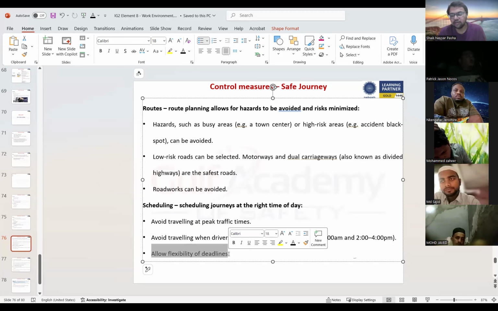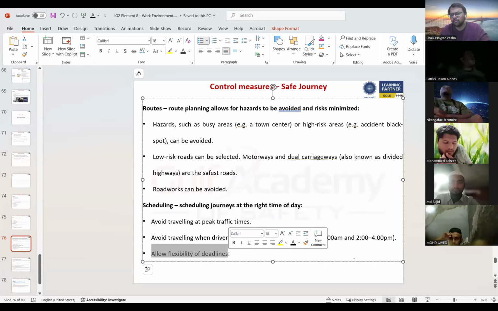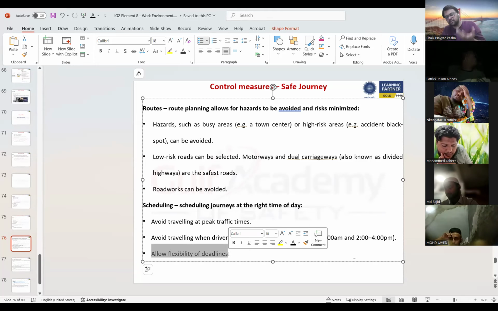He will overspeed, he'll break the signals, he'll take wrong directions. Whatever breaches he could possibly do, he could do everything because his mission is to deliver the goods within 1 hour. So he won't think about driving safely. He will only think about driving and reaching the destination in the given time. So unnecessary and impractical deadlines put unnecessary pressure on the drivers and they will drive in an unsafe way. So that is one thing.